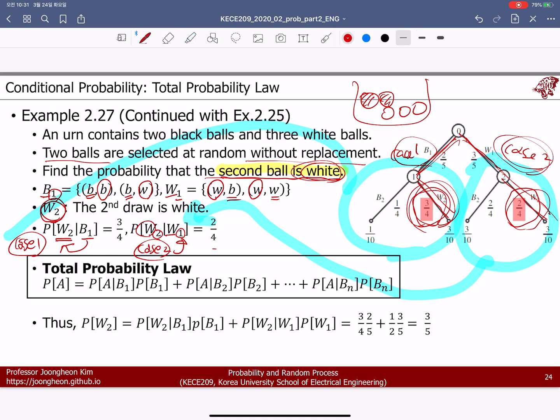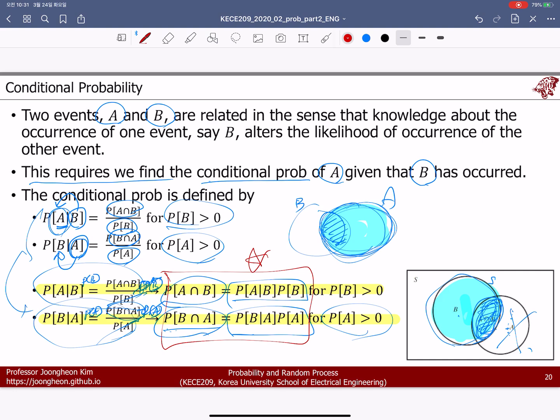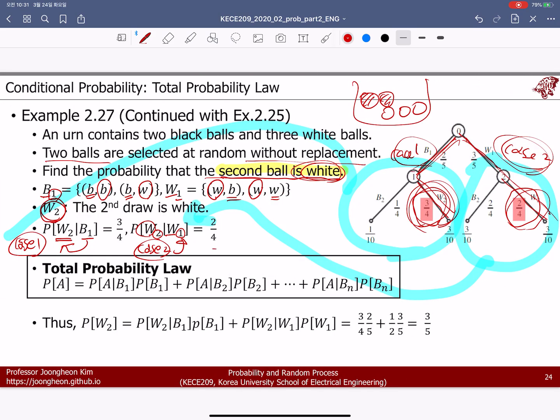Because, as I told you before, when we explained here, this is the new sample space. That's why we don't need to worry about this one. We have to focus on this one only. That's why here we have to focus on inside here. So this one is 3/4. This one, 2/4. Okay?